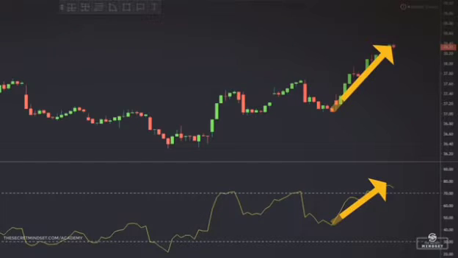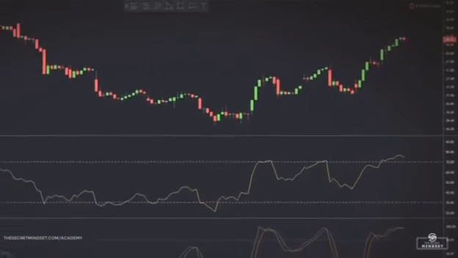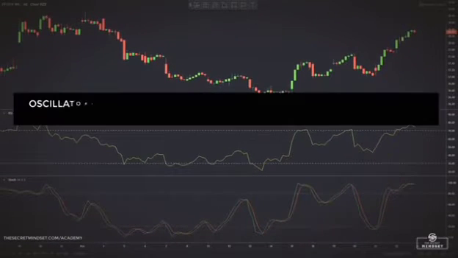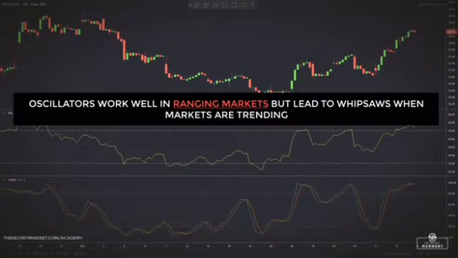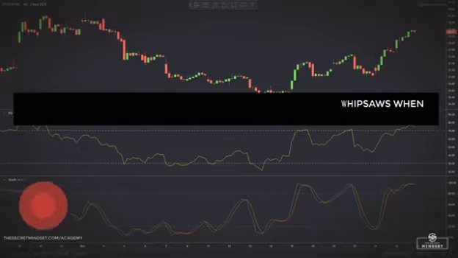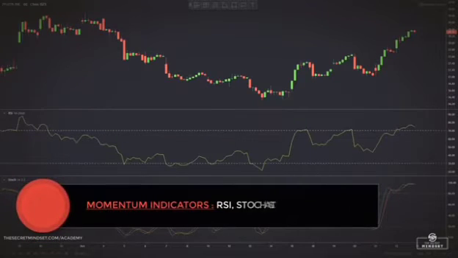Similarly, if prices are falling, an oscillator reaches oversold levels and sends a buy signal. Oscillators work extremely well in ranging markets, but lead to whipsaws when markets are trending. Popular oscillators include the relative strength index, the stochastic oscillator, and the momentum indicator.